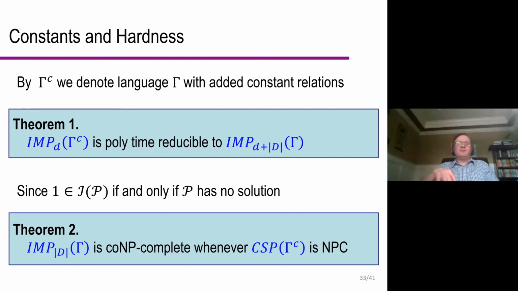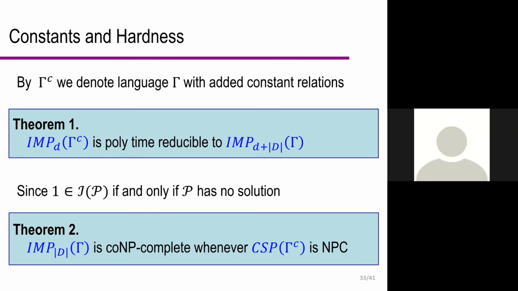NP is the class of problems where I have small witnesses for yes instances. coNP is those where I have witnesses for no instances. Okay, so a witness for a no instance in this case would be a solution of my CSP, which is not a zero of the polynomial. Why would it be small?